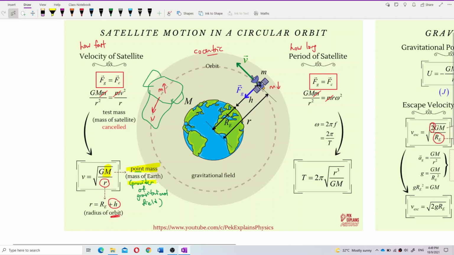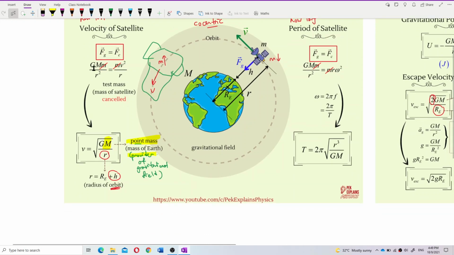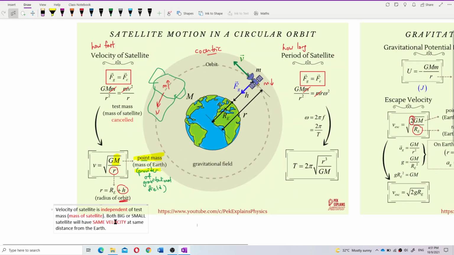They will have the same velocity. Look at the equation of velocity of satellite: it is independent of the test mass, independent of the mass of the satellite. No matter big or small, both satellites will have the same v at the same distance from the Earth, the same r.